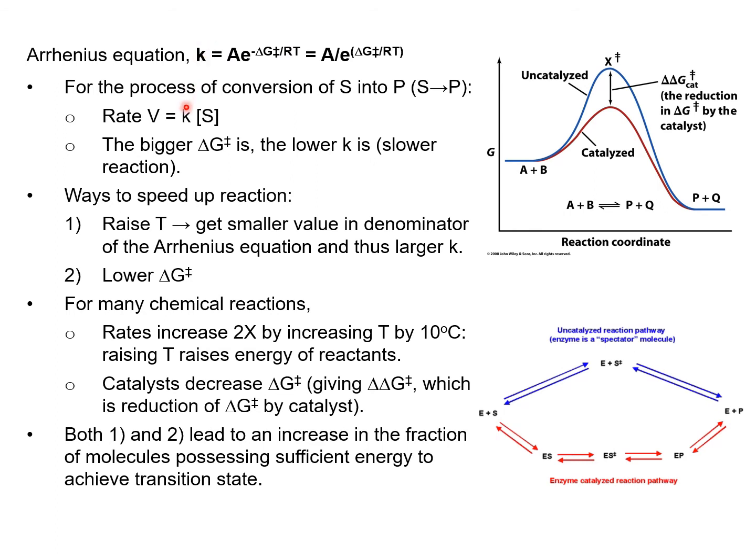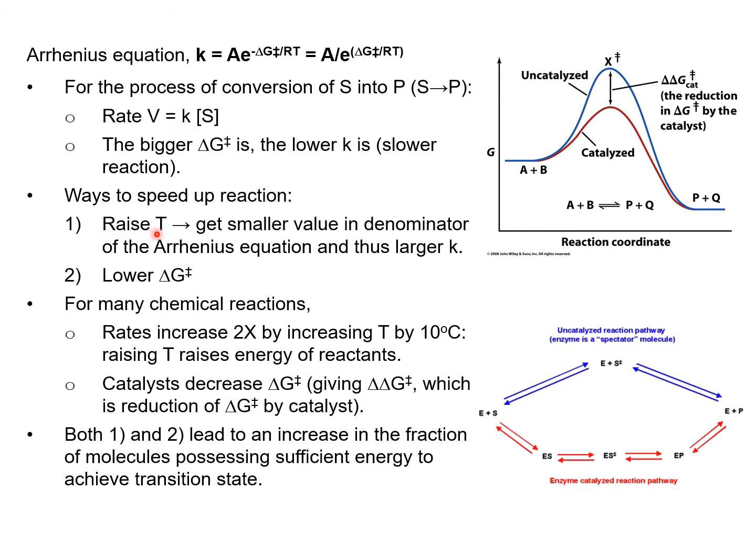And of course, k has a correlation with the rate v. So if k decreases, the rate also decreases, and you're going to have a slower reaction. There are several ways to speed up the reaction rate v, where you can change the k value or the concentration of S. Let's focus on this k value.